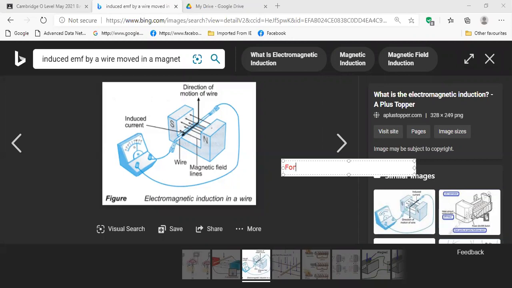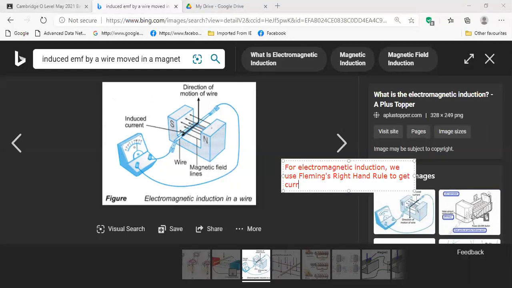After drawing and labeling everything and writing the caption, you write this: for electromagnetic induction we use Fleming's right hand rule to get current direction.